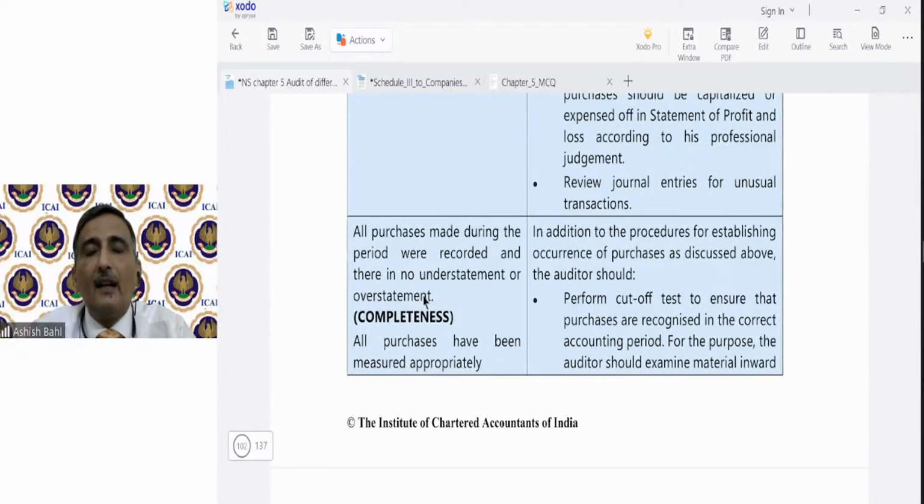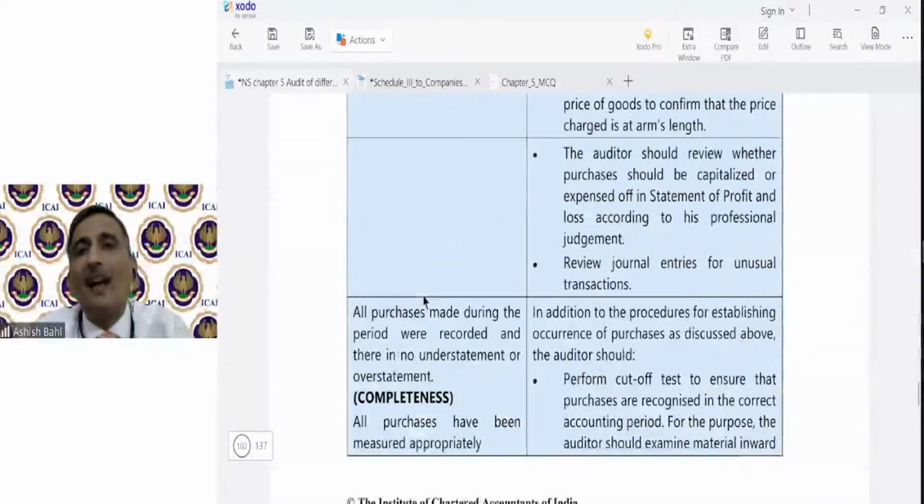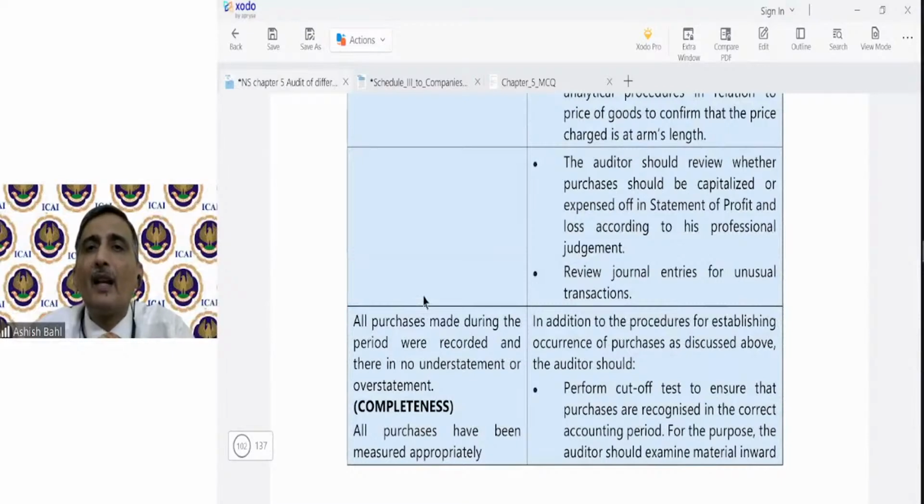And he has to be satisfied about the completeness of the purchases, that all the purchases which needed to be recorded have been recorded. So how would he see? He would see goods received during the last few days of the reporting period, say last week of March, and he would see that all goods which have been shown as received in, say, stock records, whether corresponding purchases have been booked in respect of these invoices.